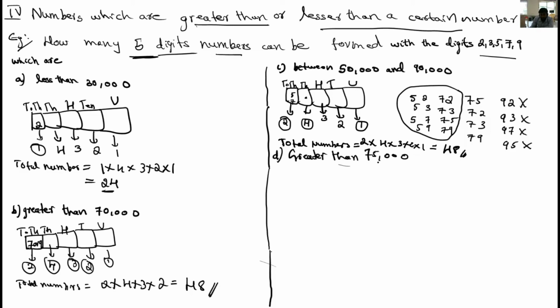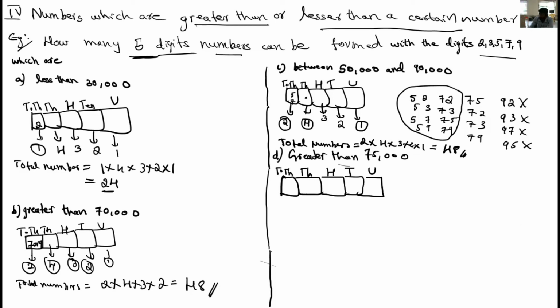You need to construct a number which is greater than 75,000. First, here I will consider 5 vacant places, 1, 2, 3, 4, 5, and name them as the unit place, tens place, hundreds place, then thousands place, and 10,000s place.